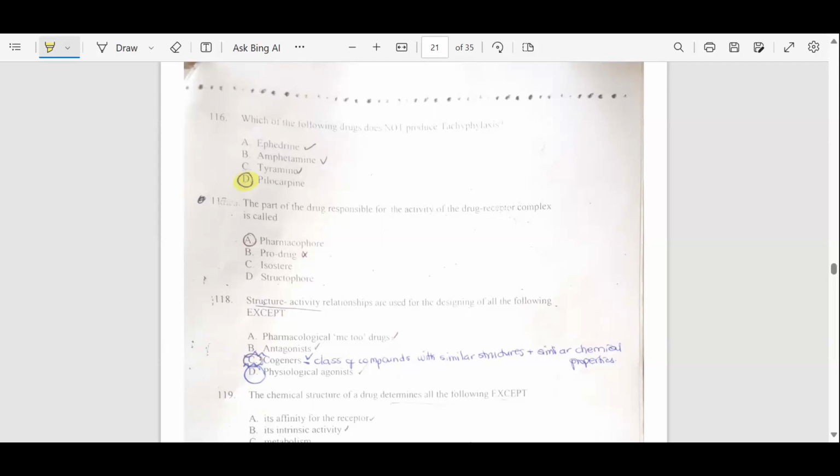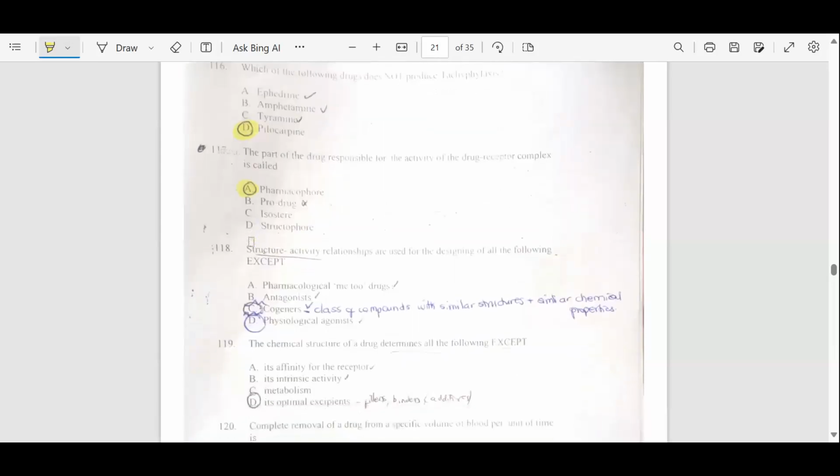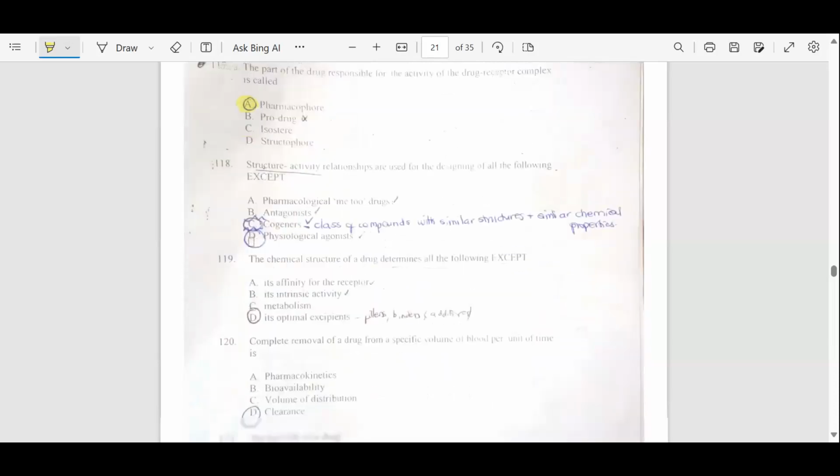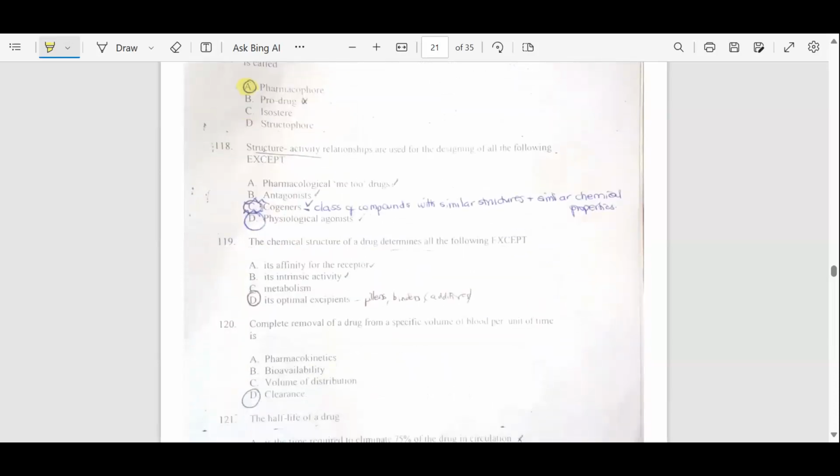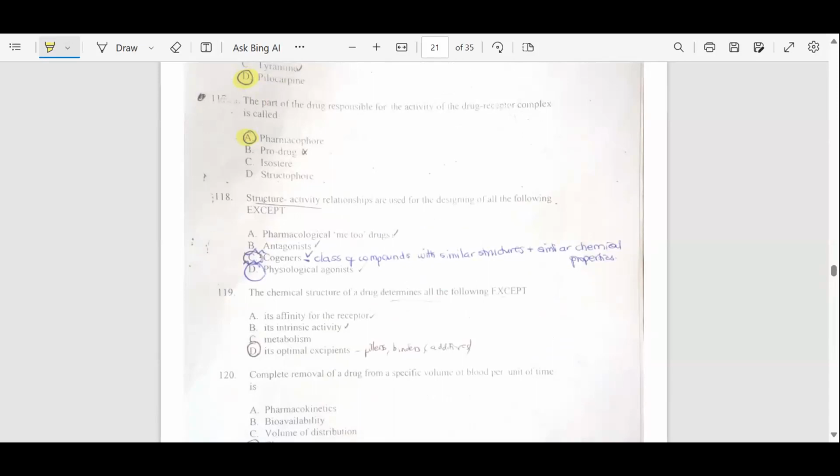The part of the drug responsible for the activity of the drug receptor complex is called the pharmacophore. So what is isostere? Someone else should also look for the structure of isostere. Anyone?